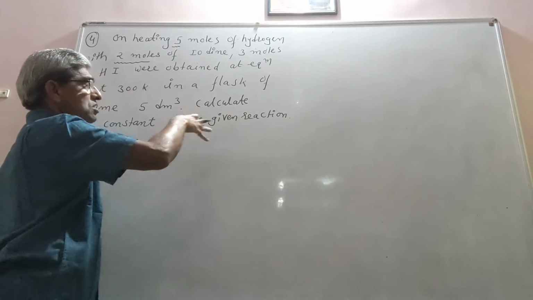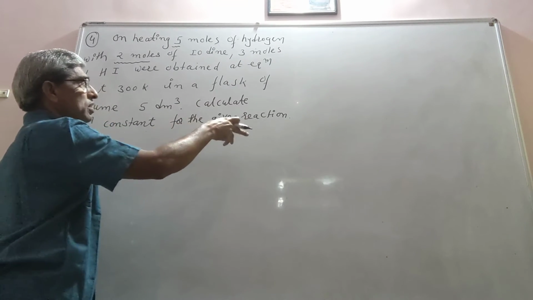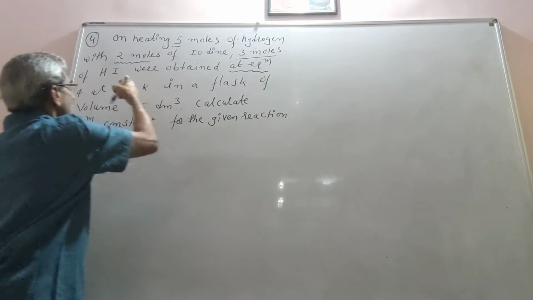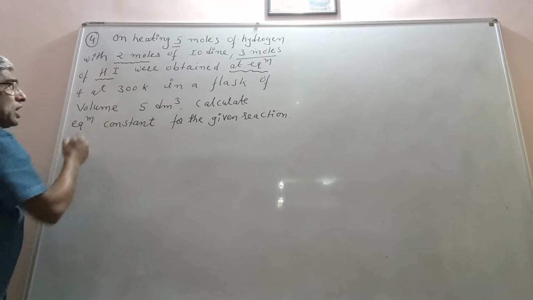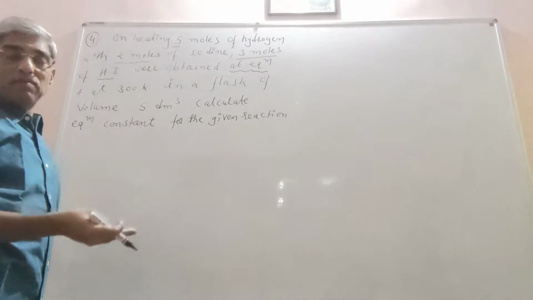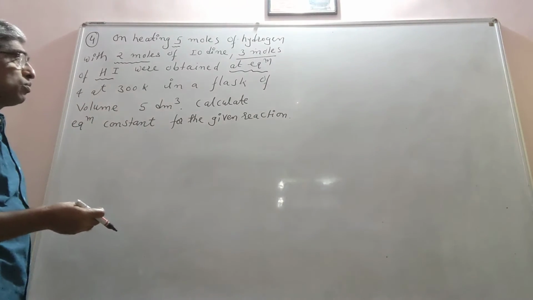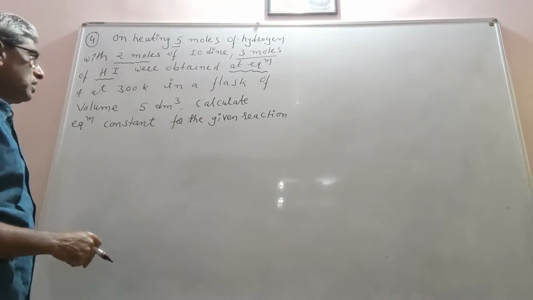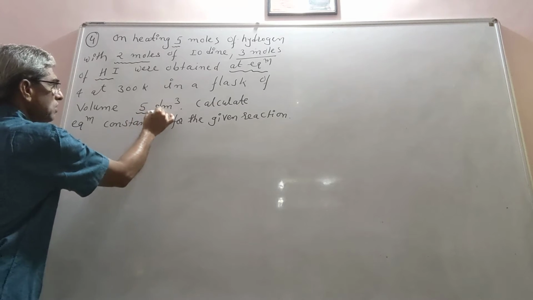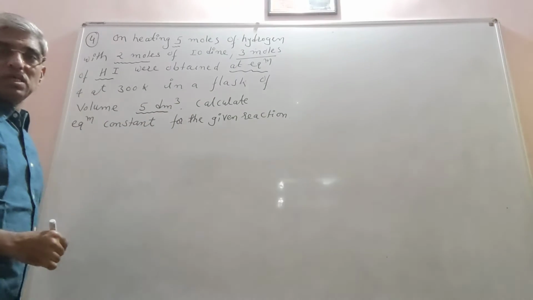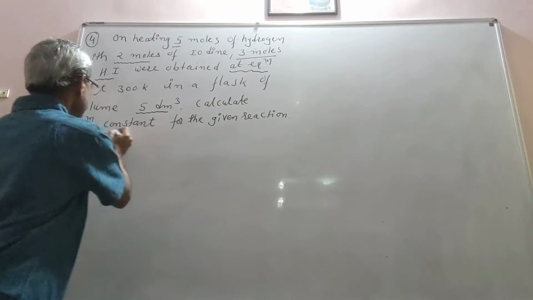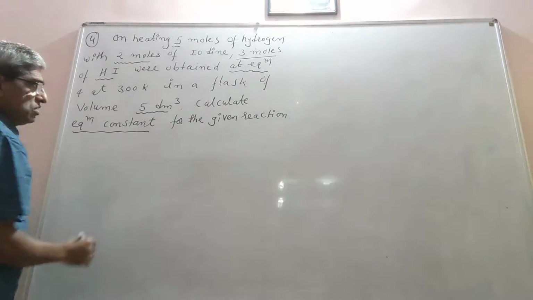Then the reaction started, product formed, and at equilibrium 3 moles of hydrogen iodide is obtained at 300 Kelvin in a 5 dm cube flask. Volume is given as 5 dm cube, and our aim is to calculate the equilibrium constant.